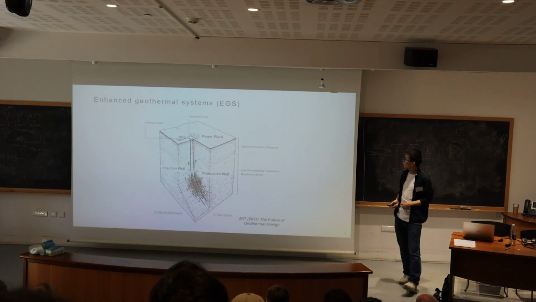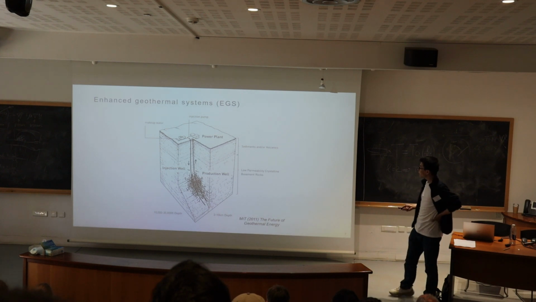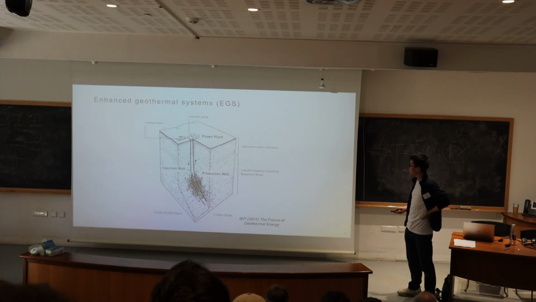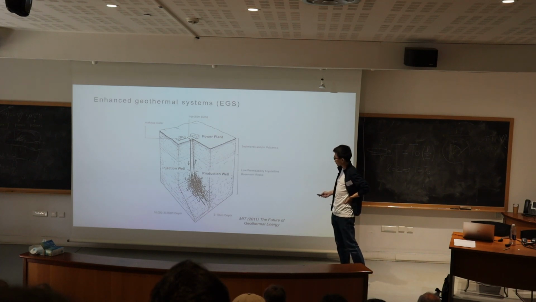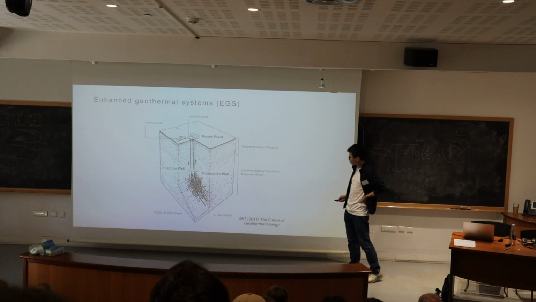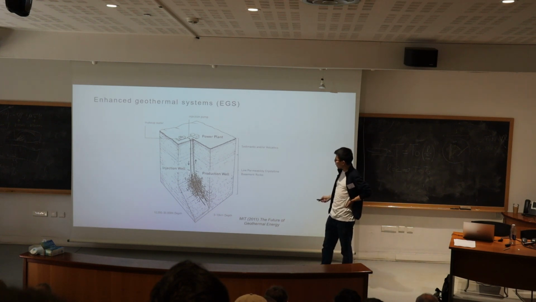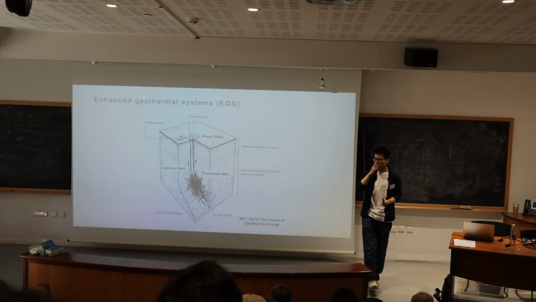This is a typical setup of the EGS, where we have an injection well and a production well. We inject the water into the target reservoir, which is 3 to 10 kilometers depth, normally 3 to 5 kilometers. We try to stimulate the fractures inside this reservoir so that they form a connected pathway to link to the production well.